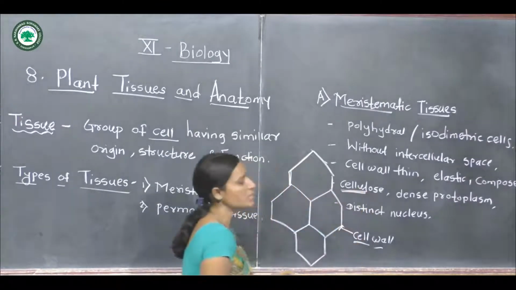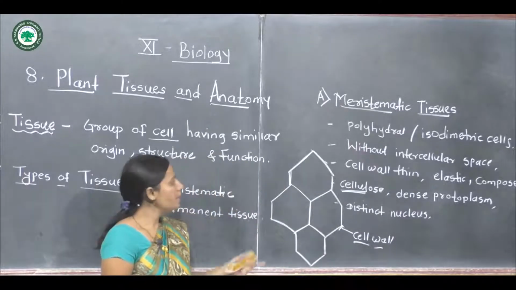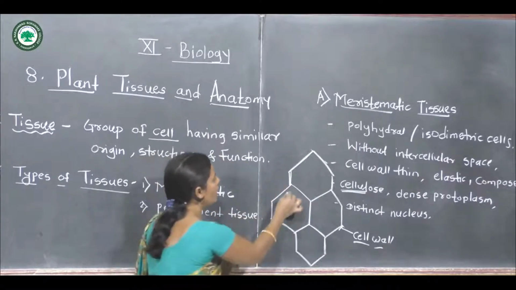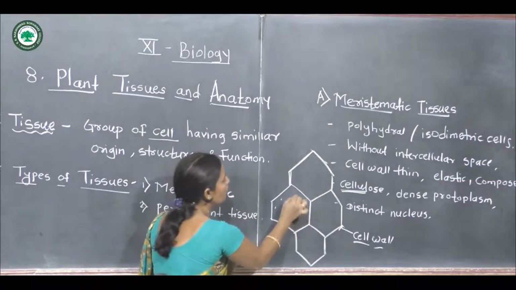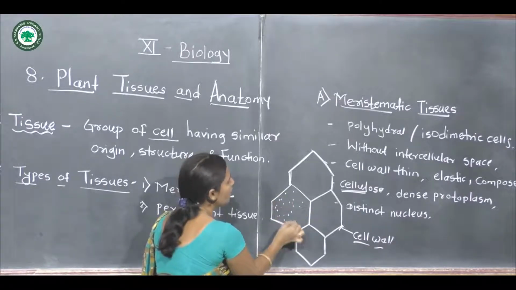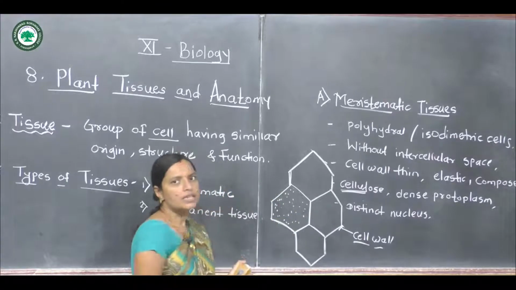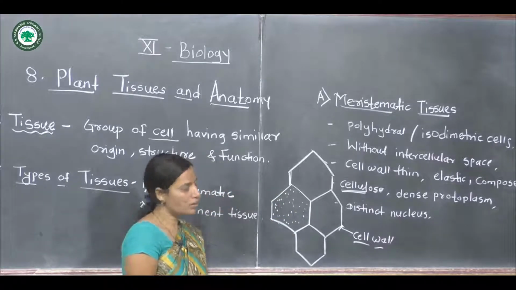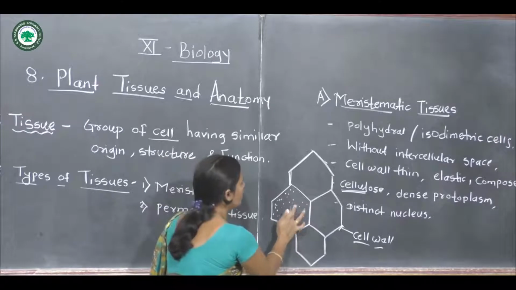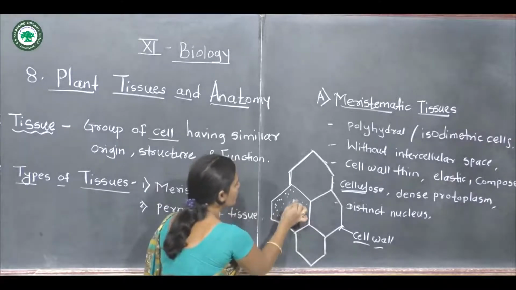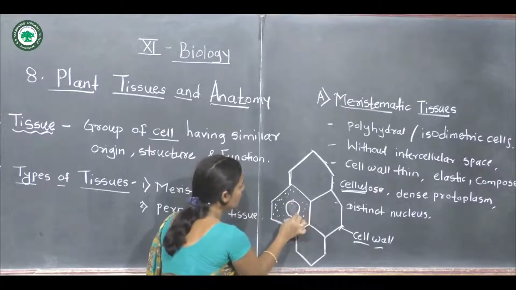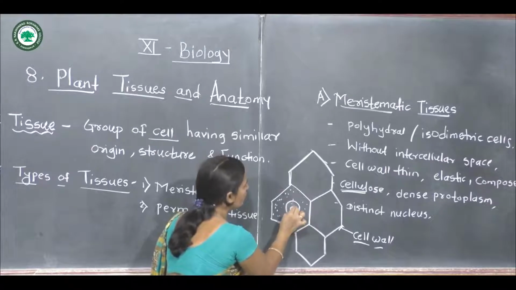Inside this cell, protoplasm, that is cytoplasm, is present, and a distinct nucleus is found centrally in this cell.